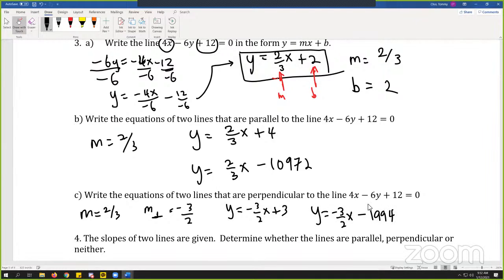I don't know. Whatever the number might be, it could be anything, right? So for all perpendicular slopes, you flip the fraction and smack a negative on it. If it was positive before, it becomes negative, and if the slope is negative, it becomes positive.